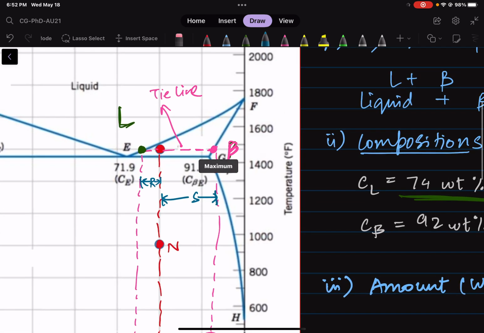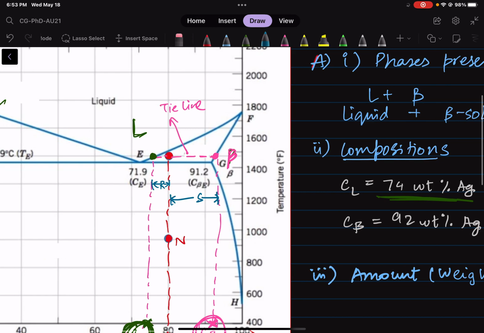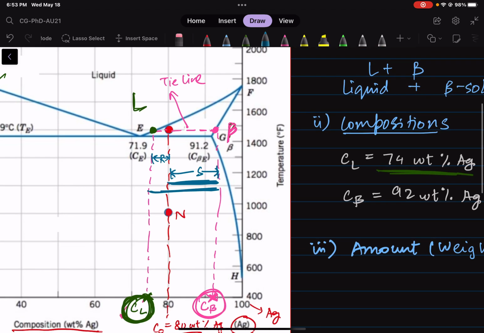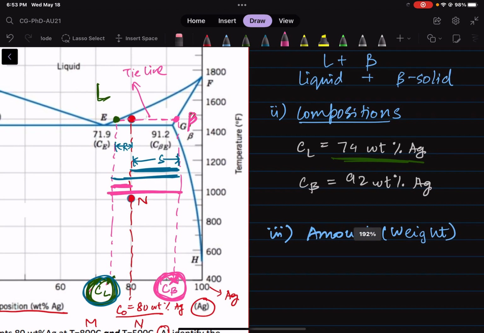So the tie line and the lever rule, when combined together, say that you will have this much fractional amount of liquid at the C_L composition in a mix with this much fractional amount of the beta at the C_beta composition.